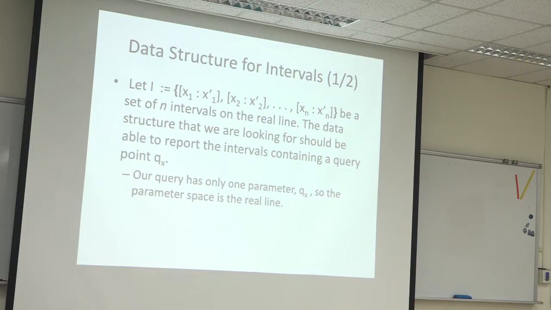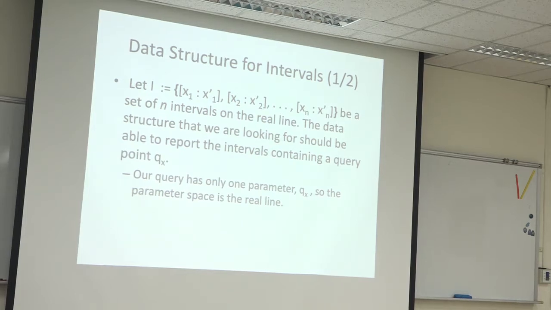Let I stand for the intervals: x1, x1 prime, x2, x2 prime, and so on to xn, xn prime, a set of n intervals on a real line. The data structure that we are looking for should be able to report the intervals containing a query point qx.